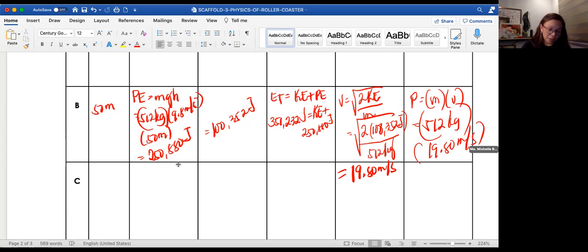So the value is 10,137.6 kilogram meter per second.